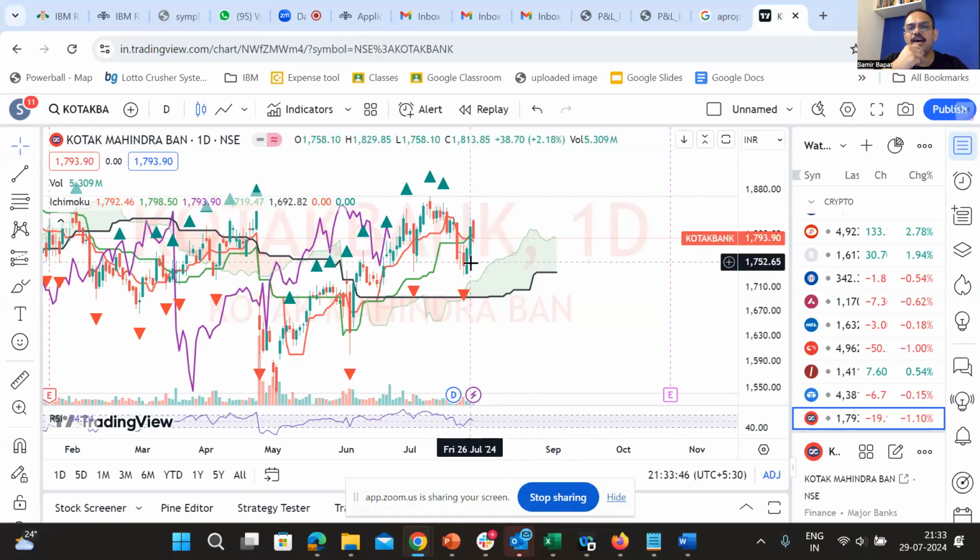Then Friday you were there. But on that day itself, I showed that there is no volume in one of the candles which is above the average. If you see the volume, just go to settings, right click, click on settings.